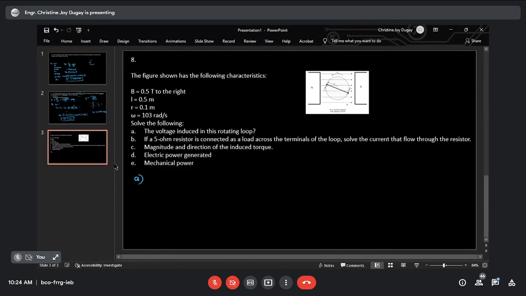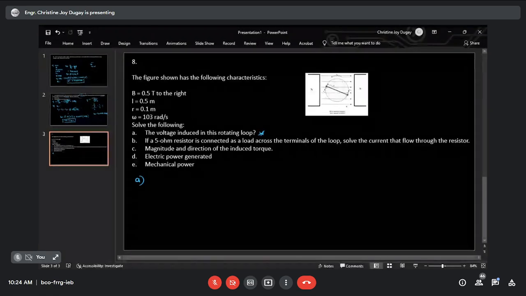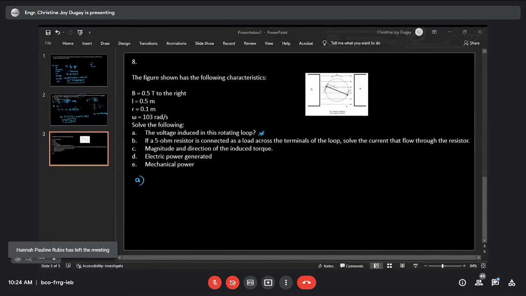So for letter A, what will be now the voltage induced in the rotating loop? What will be the formula, or what are we going to use to find the induced voltage in a rotating loop?